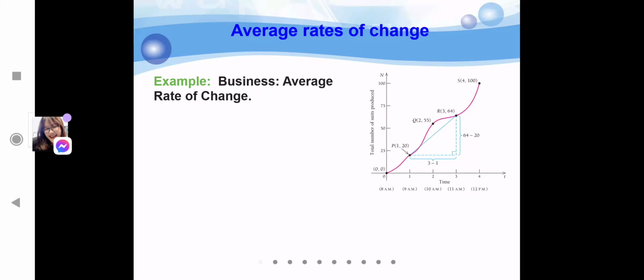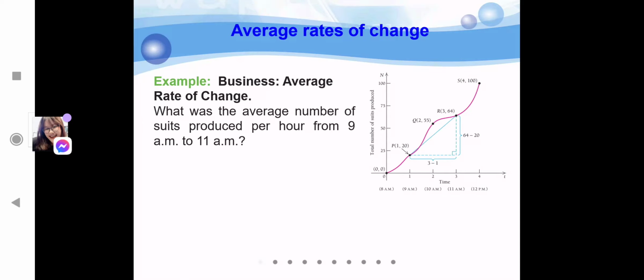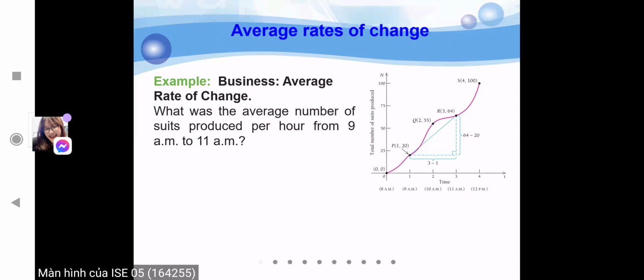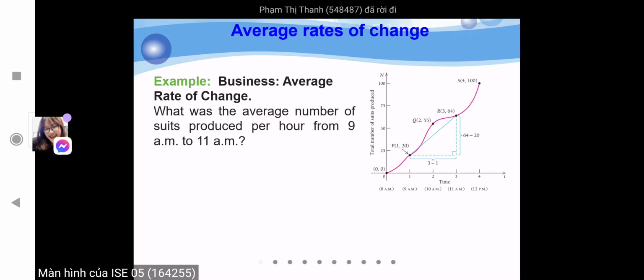The f(x) represents the total number of sweets produced. And so we have a first question. What is the average number of sweets produced per hour from 9 a.m. to 11 a.m.? What is the average number?